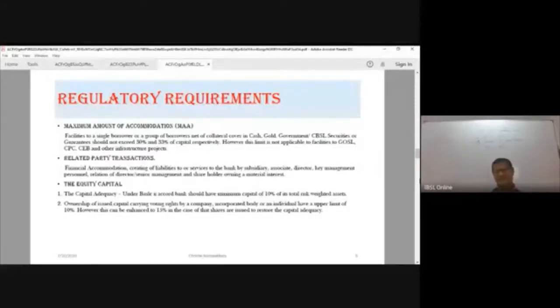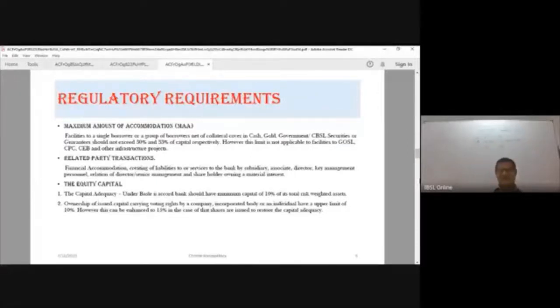Similarly, directors of the bank are also related parties. Key management personnel, we call them KMP, are the corporate management of a bank. The CEO, deputy general managers, or assistant general managers who consist of the corporate management, a decision-making body, are called key management personnel. Then also they say relations of directors.